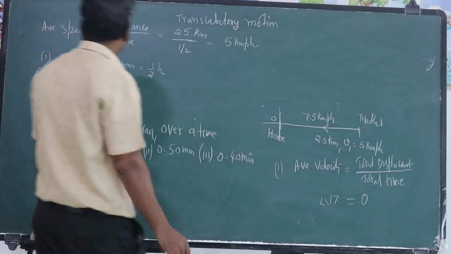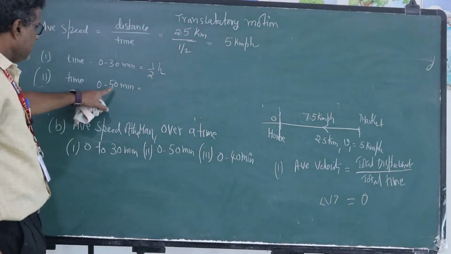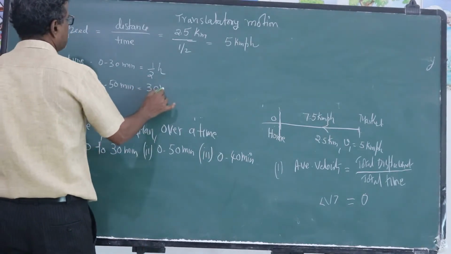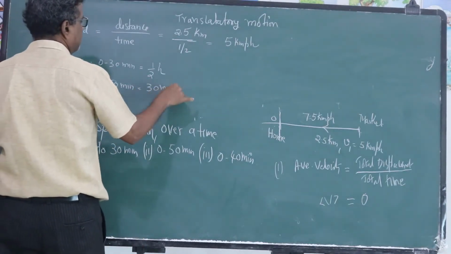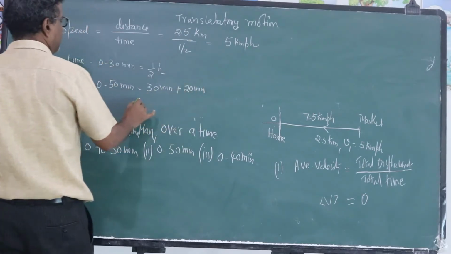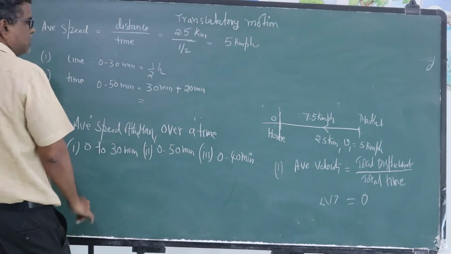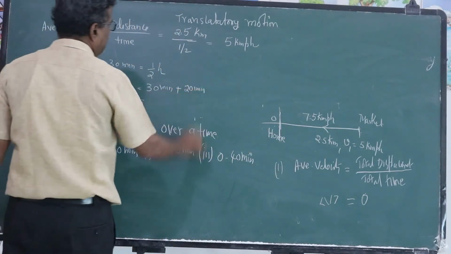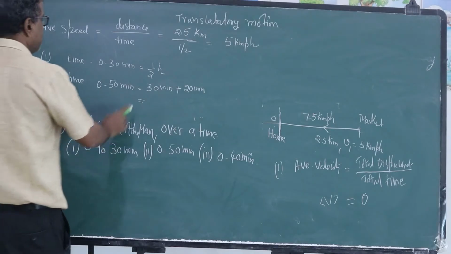Remaining 20 minutes. So 50 minutes can be written as 30 minutes plus 20 minutes. In 30 minutes, he travels 2.5 kilometers. In 20 minutes, how much distance does he travel?